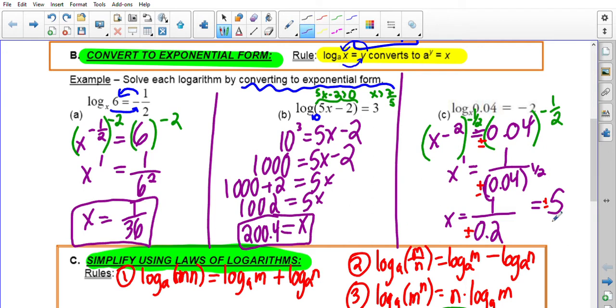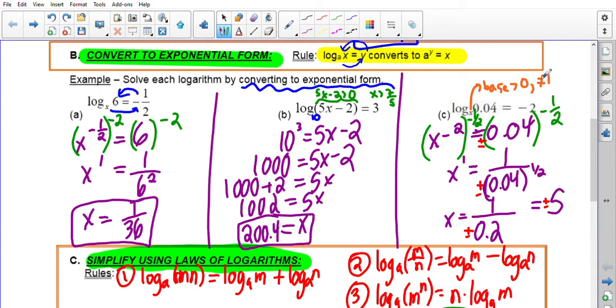Now, because x here is a base, the base must be greater than 0 and not equal to 1.